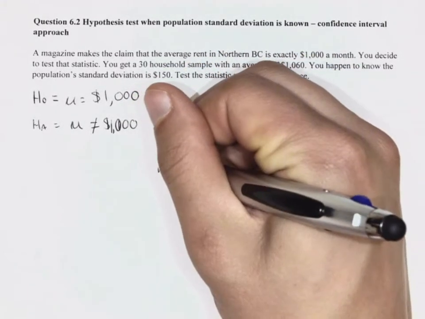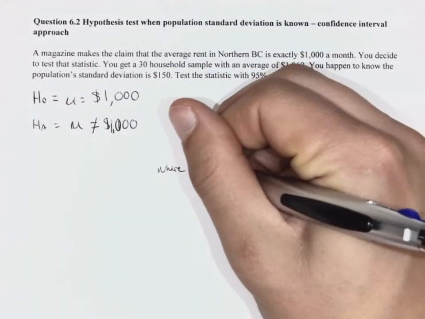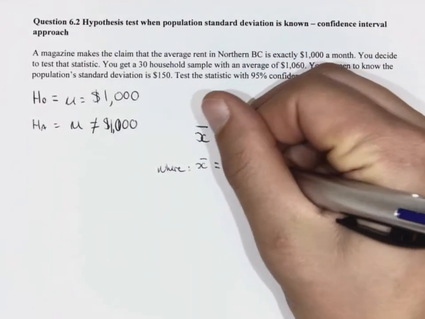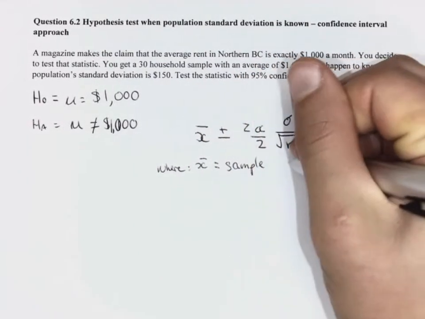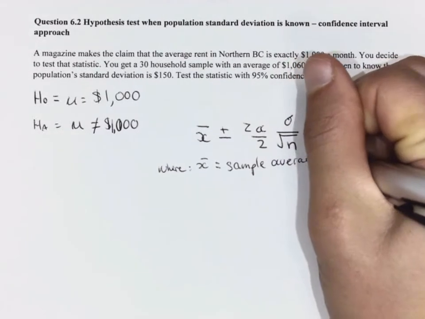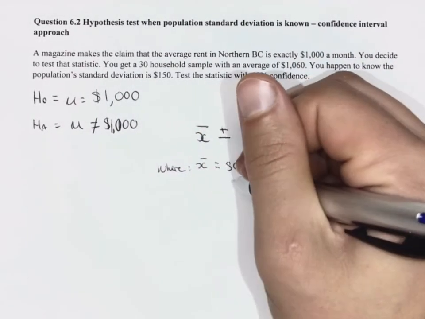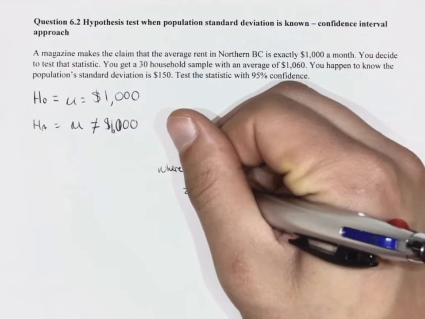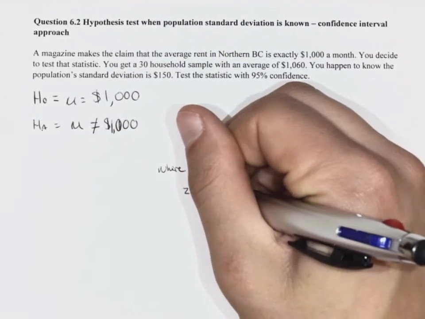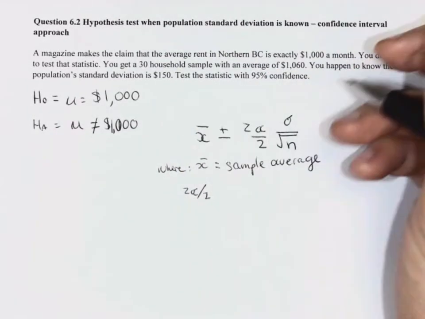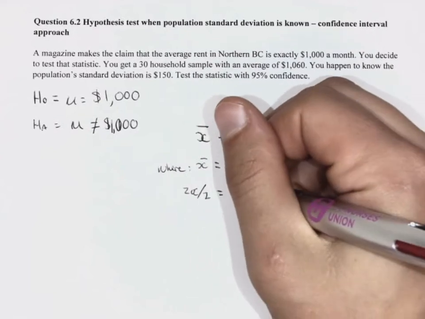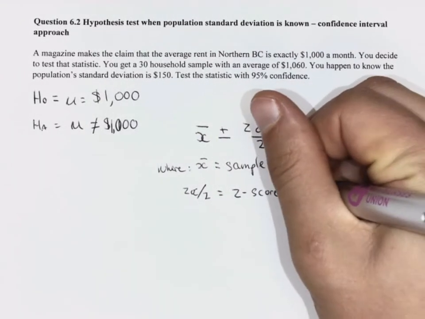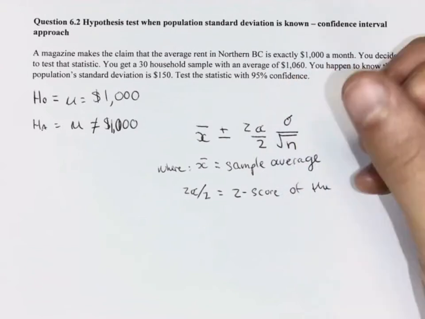Where x bar equaled the sample average, z-score of alpha divided by 2 is the z-score of the confidence interval.